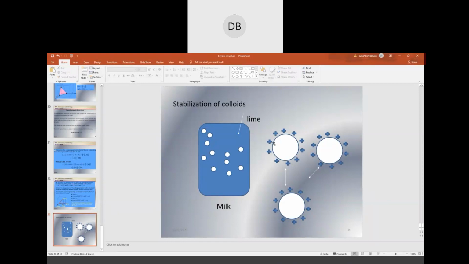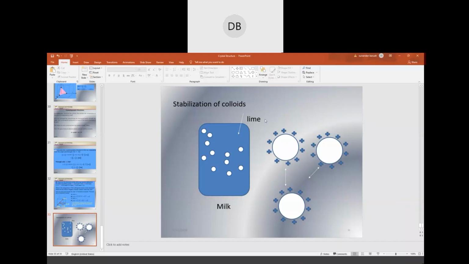The number of charges sitting on one individual nanoparticle will be the same as on another individual nanoparticle. The overall charges, if you can find a value for them, will be the same. They will naturally keep on repelling each other, and the chances of them colliding and agglomerating are minimal. It does not happen, and that's why this is a stable milk.